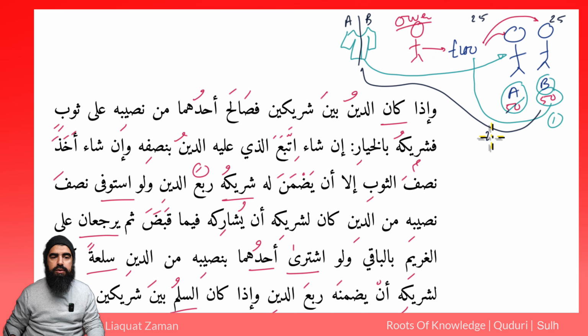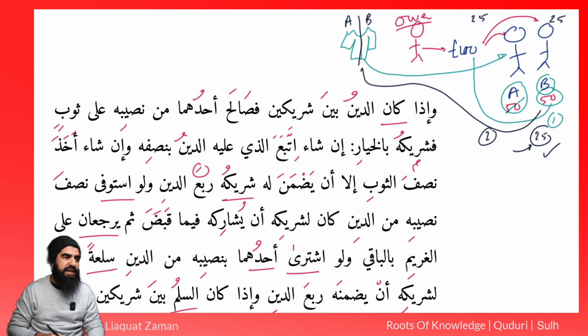These are the two options that you have over here. Now, unless A says, right, I've taken this jacket, okay, I will give you 25. Because I've taken this, I will give you 25. So he gives him 25 as dhaman. Make sense?